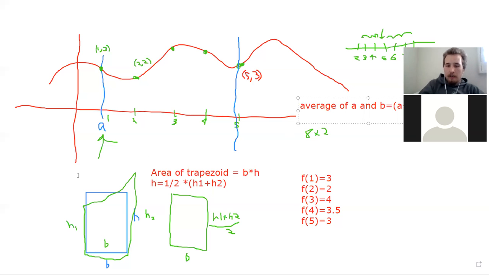So if we do this for 8 and 2, we want to find, okay, no problem. So this will be good in life in general, too. If we want to take the average of 8 and 2, we can add them.